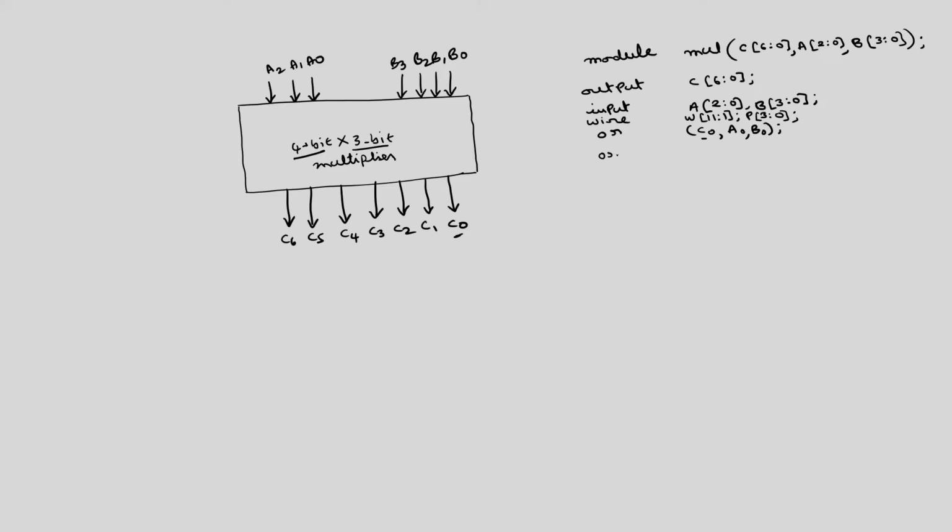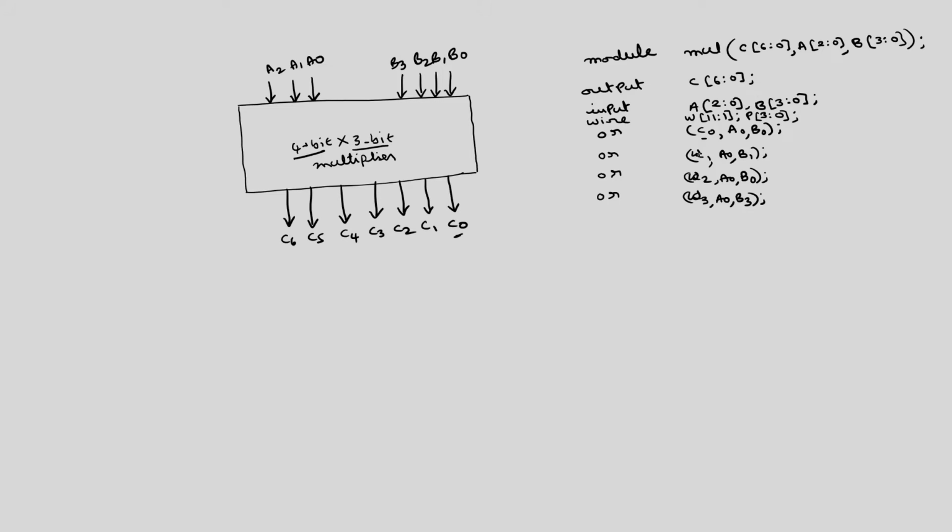Then I will generate all the remaining wire signals. C1 is nothing but A0 with B1, C2 is nothing but A0 with B2, C3 is nothing but, this is W1, W2, W3, A0, B3.